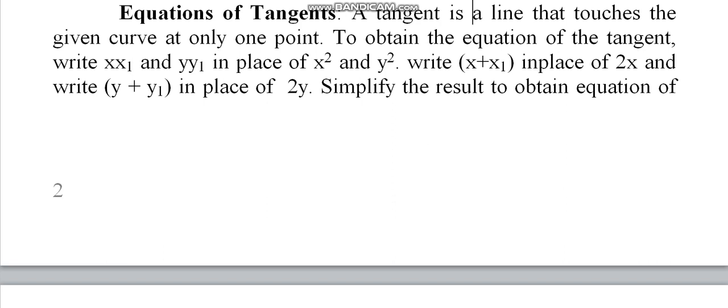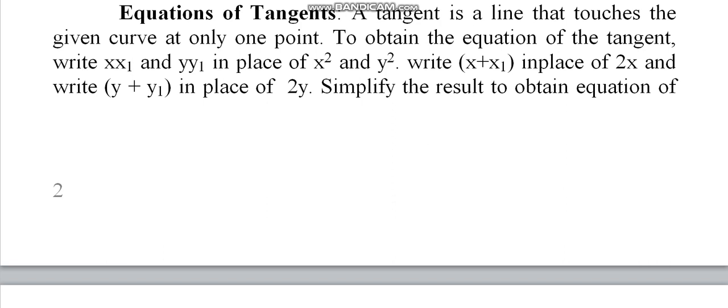(2, root 5). Suppose x is equal to 2 and y is equal to root 5. Then the point (2, root 5) satisfies the given equation x square plus y square is equal to 9.